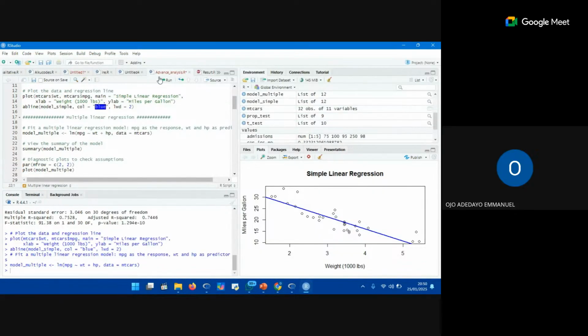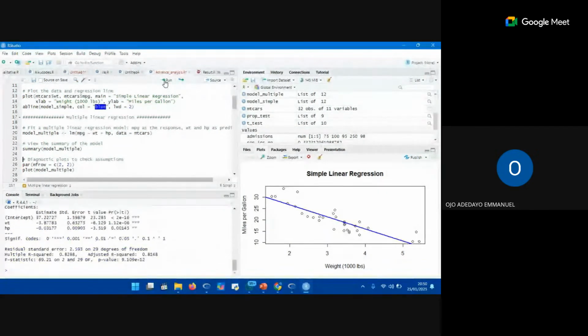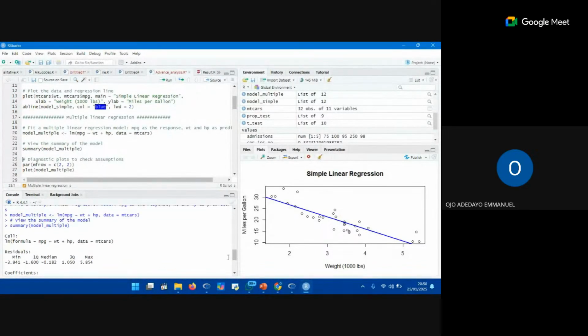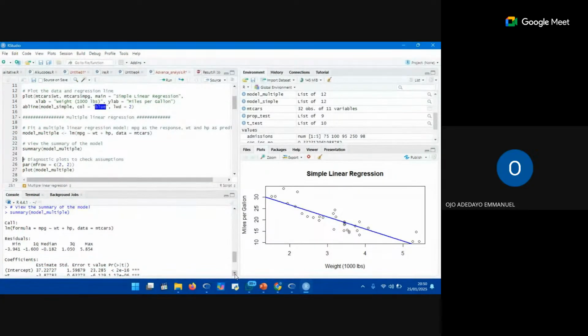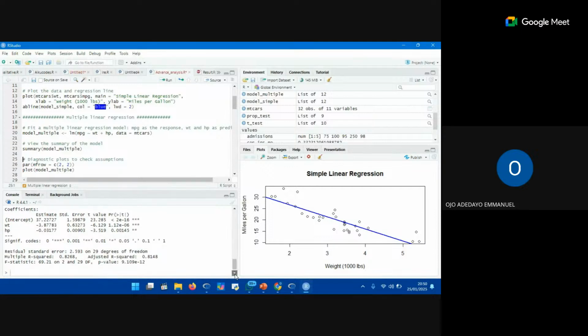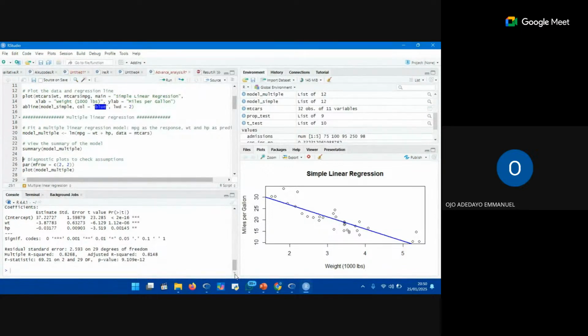Control R. Run. So now let's check the model summary. Now, if you look at this, this is the intercept. This is the weight of the car.